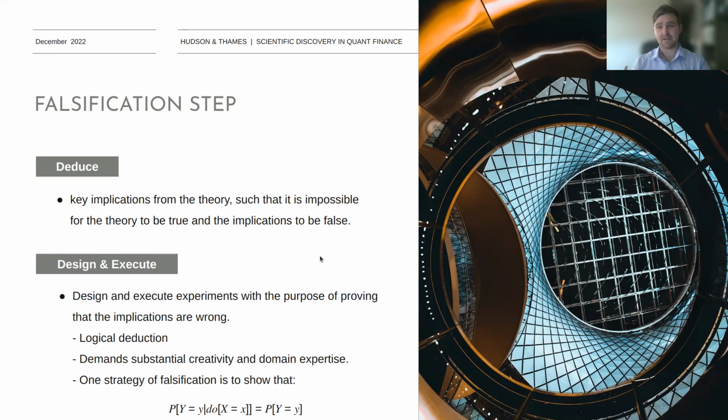And this is an exercise in logical deduction, and it demands substantial creativity and domain expertise. For example, one strategy of falsification is to show that the probability of observing Y, given this do operator, that we have this intervention that we change the value of X, we still just only have the same probability of observing Y. So again, in the PIN example, for example, you can split it into two stocks, right?